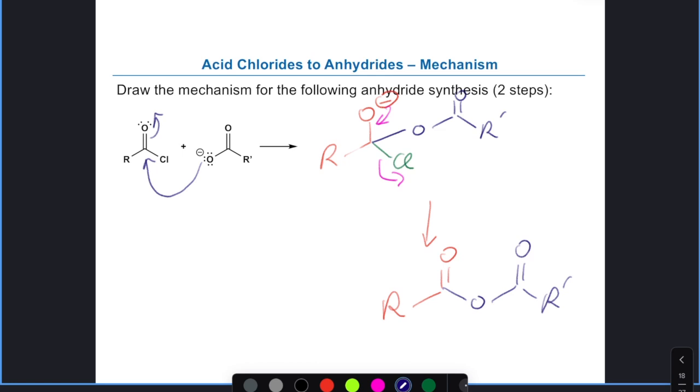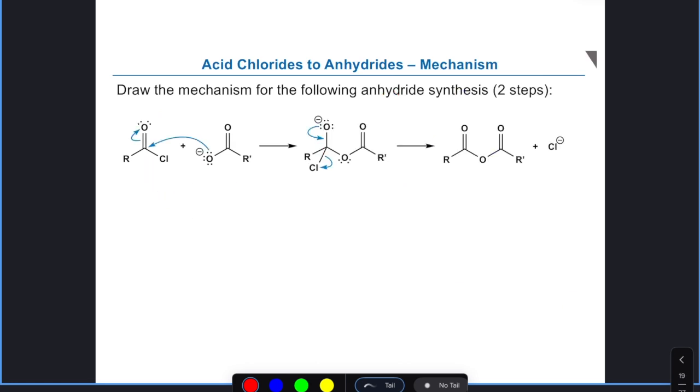So we end up with just chloride minus here. And again, I've drawn this where obviously there'd be potentially a charge balance, you'd be coming in with like the sodium or a salt of this one, which means what we're making here is sodium chloride as our product. So this is why it's a simple two-step mechanism. This is why acid chlorides are awesome, because they're so electrophilic and the leaving group is so good, most nucleophiles follow this mechanism.